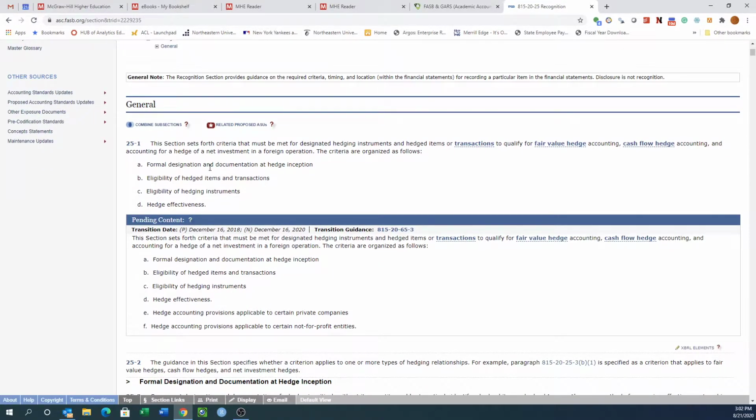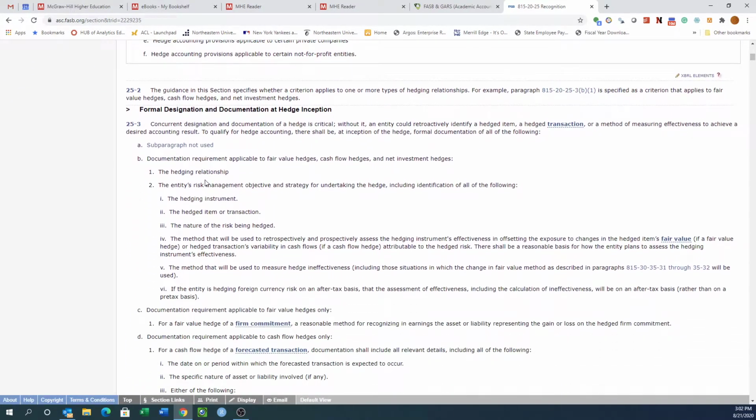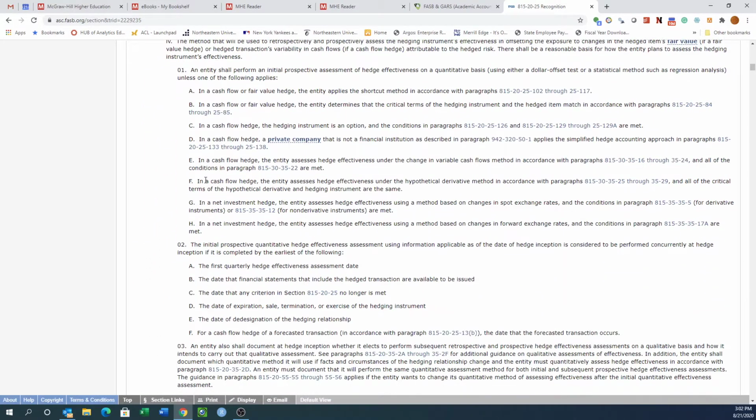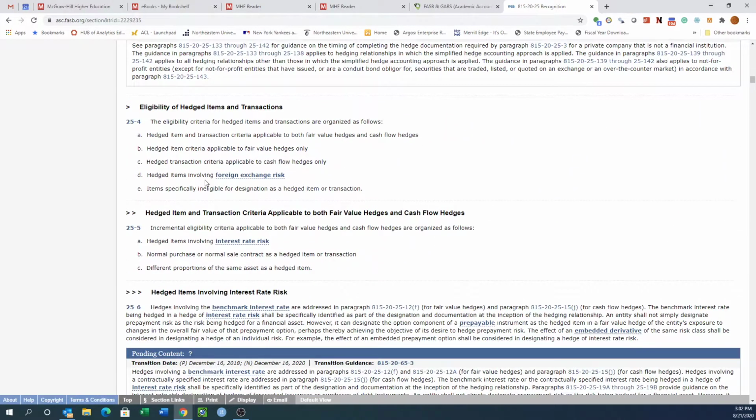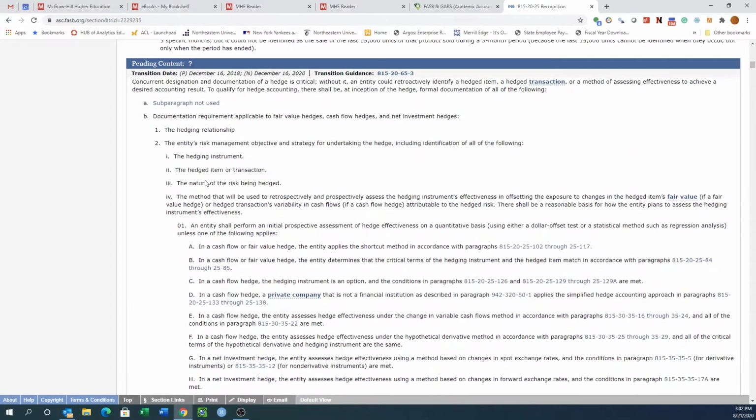So, first thing we want to do is, what is eligible as a hedged item? So we'll go down a little bit past and make sure you're focused on the pending content. So for public companies, this is already in place.